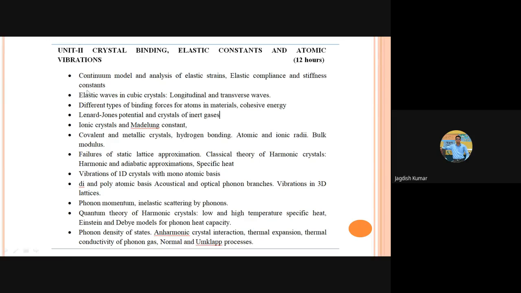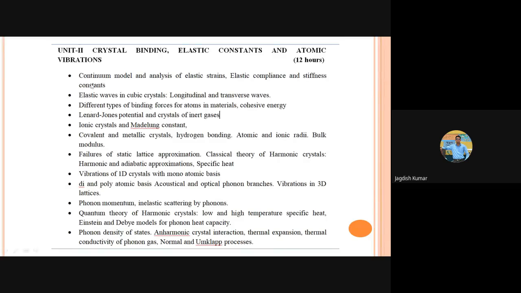This unit will begin with a very important and very simple model called the Continuum Model. In the Continuum Model, we will be assuming a crystal to be made up of a uniform distribution, or, even if it is not uniform, at least a continuous distribution of mass.